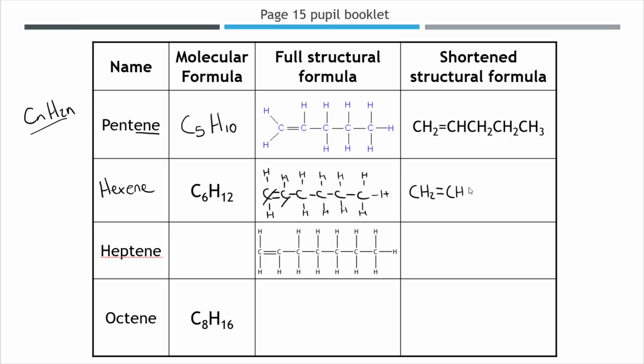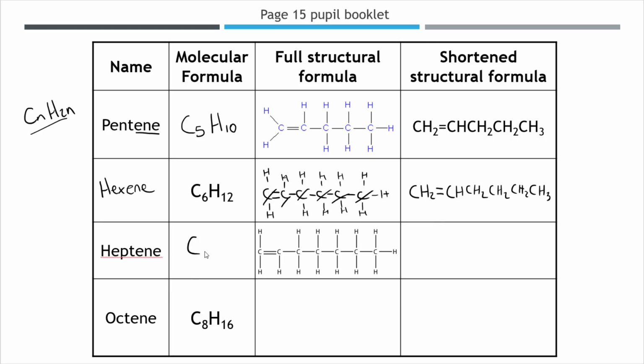Our third carbon here is bonded to 2 hydrogens, so is the 4th and the 5th, so I'll do those 2 now as well. CH2, CH2, and then the last and 6th carbon has 3 hydrogens on it. So there is our completed shortened structural formula, this time for hexene.